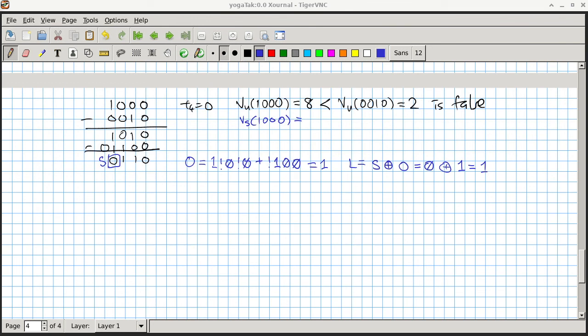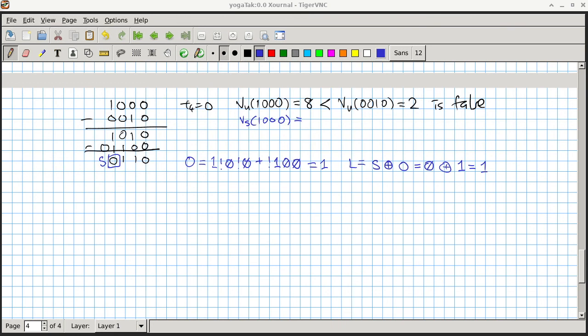Oh, yeah. Negative 8, because remember, whatever power of 2 the most significant bit is representing, we are subtracting that from the sum of powers of 2 of all of the other bits. In this case, the other bits are all contributing nothing. So we have 0 minus 8, which is negative 8.